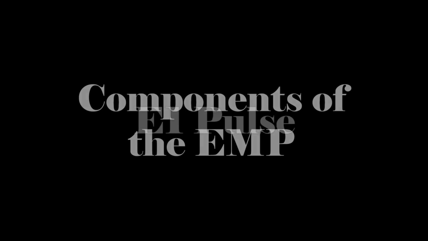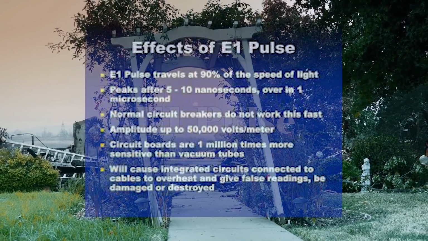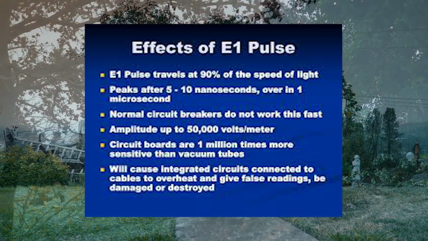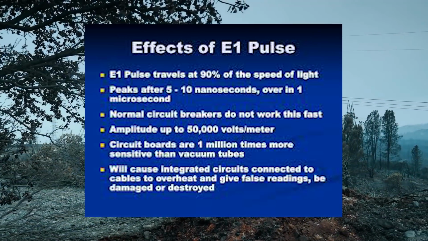The E1 pulse, E2, and E3 pulse. The E1 pulse is the early time portion of the EMP, and it arrives at the Earth's surface quickly and lasts about 1 microsecond. It's a fast spike, and its energy is concentrated in the frequency band between 1 to several hundred megahertz.